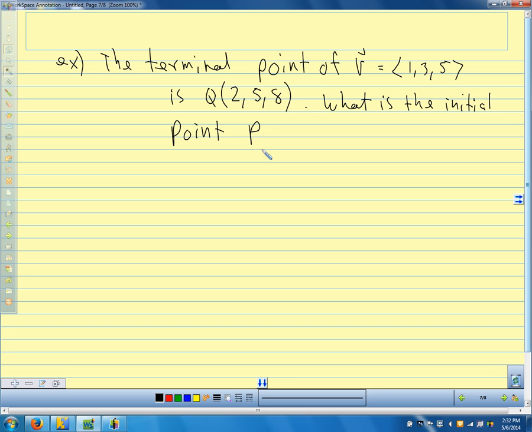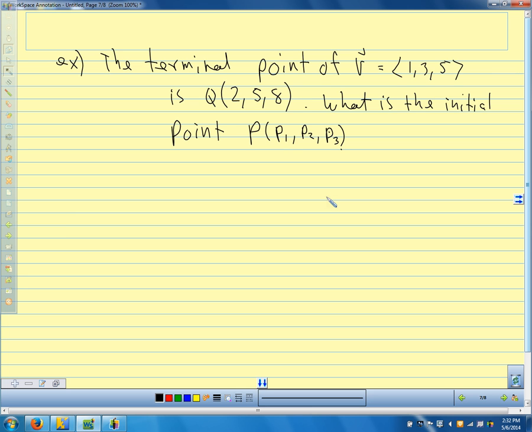So how are we going to solve this one? I'll get us started. I'm going to call this P1, P2, P3 for our coordinates. You're on the right track.